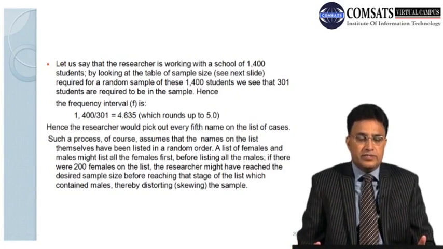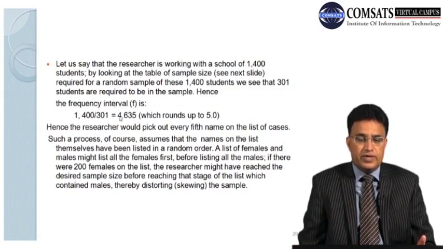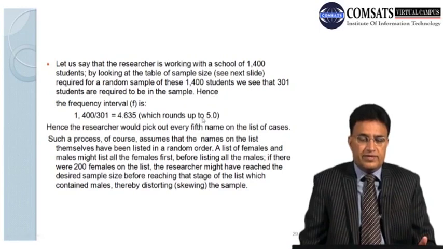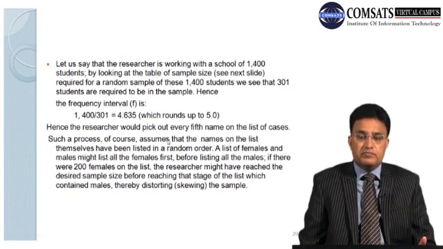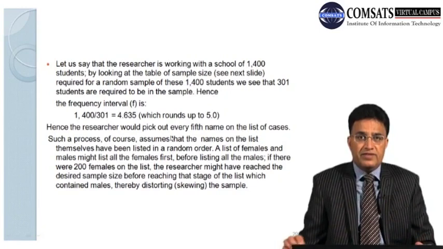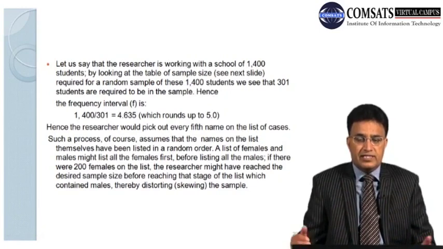And if you divide the total number by the sample, you will get 4.6. It means you can round it to 5. Hence, the researcher would pick out every 5th name on the list.